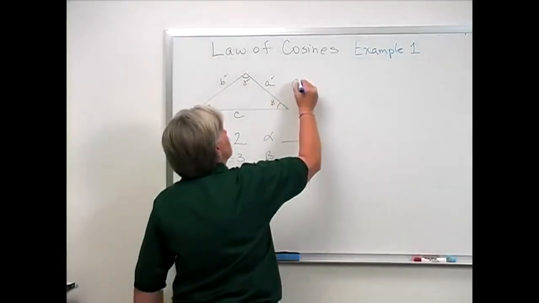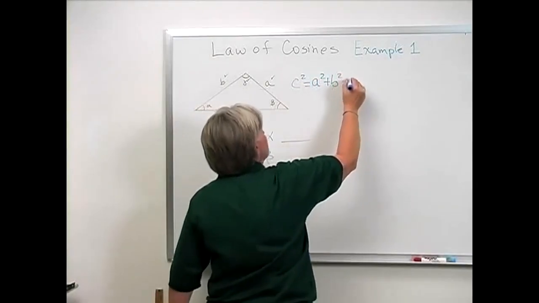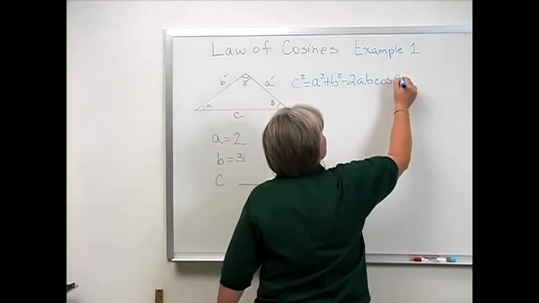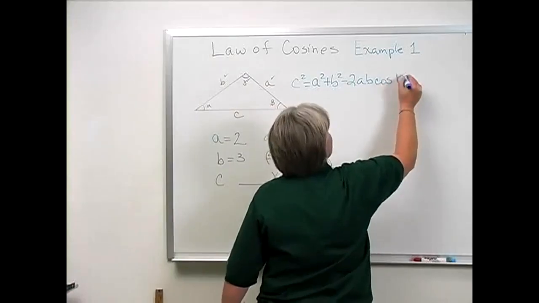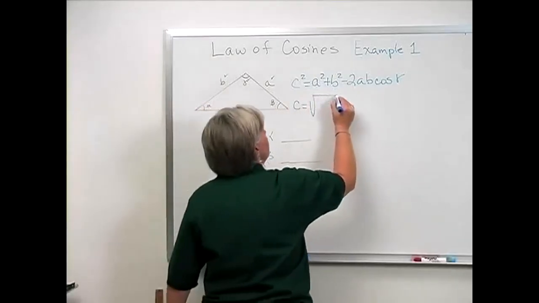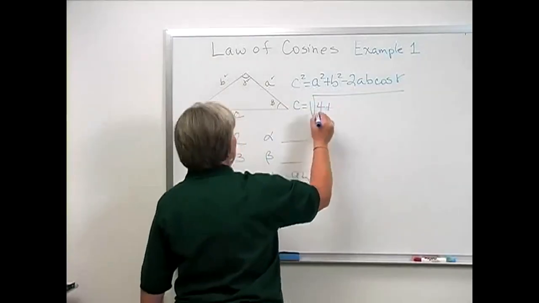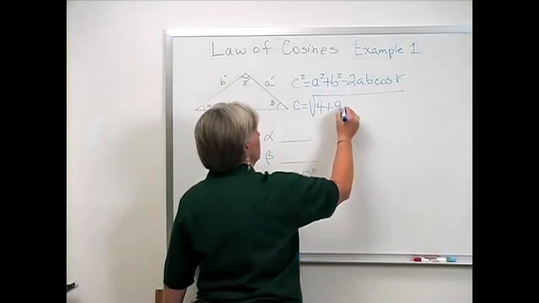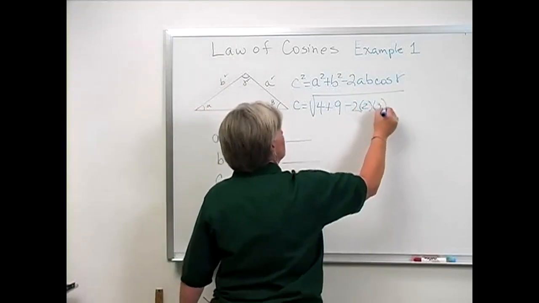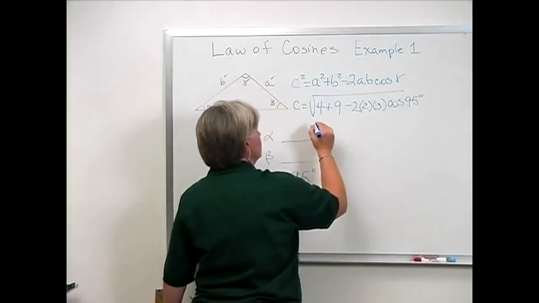All right. So we know that C squared is equal to A squared plus B squared minus 2AB cosine of gamma. So C is going to be the square root of these values, and we're going to put these in. So that's 2 squared, which is 4, 3 squared, 9, minus 2 times 2 times 3 times the cosine of 95 degrees.